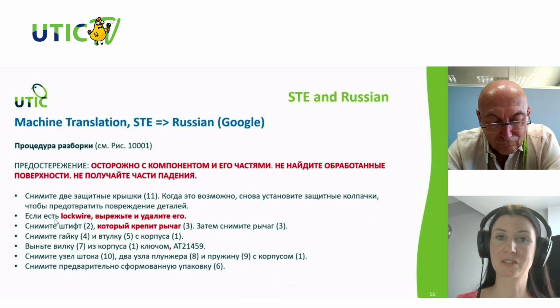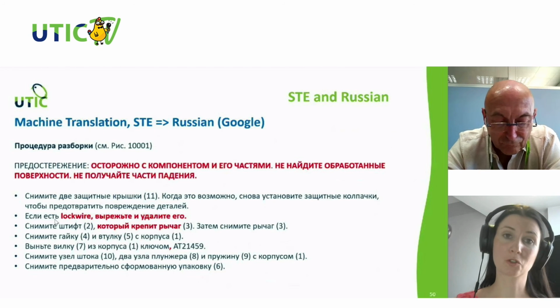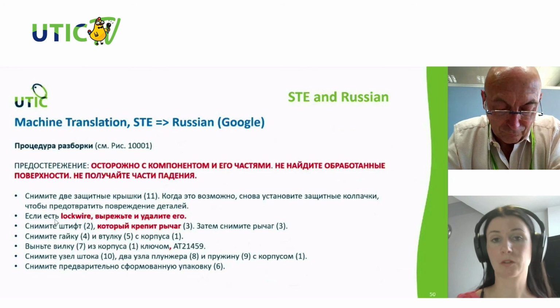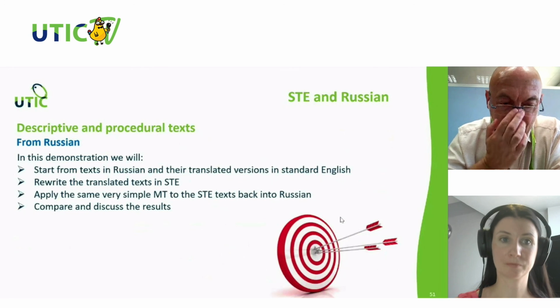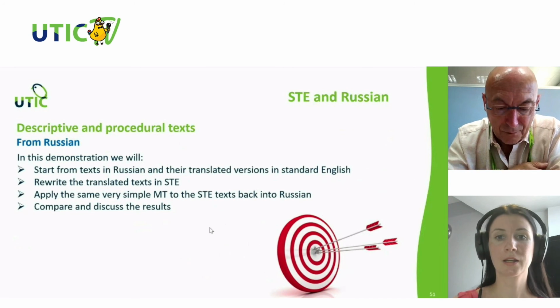I believe you've experienced this on your own too. You've encountered a situation like this. So you can see that with usage of simplified technical English, we'll still need machine translation post-editing performed by a human even for those texts. You cannot avoid that.